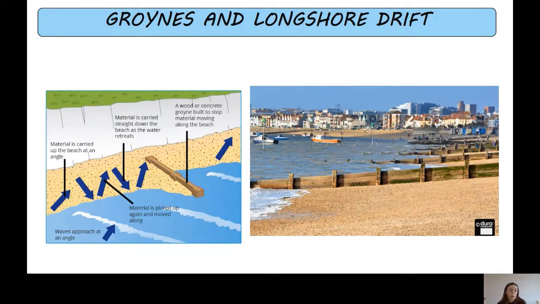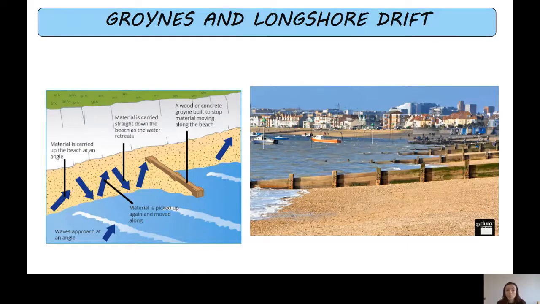Why build groins? Well, groins prevent longshore drift from transporting the sediment or sand away from that particular location. Because remember, a beach is important for numerous reasons. One, the local area and the local economy may depend on that beach. For example, it could be a tourist area.